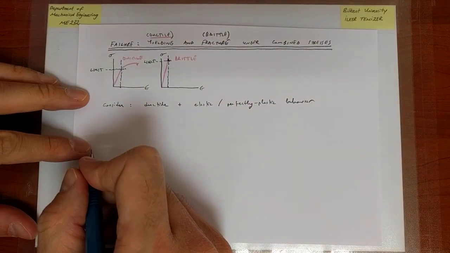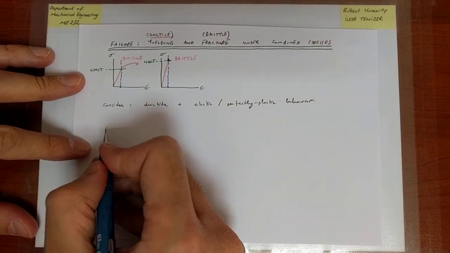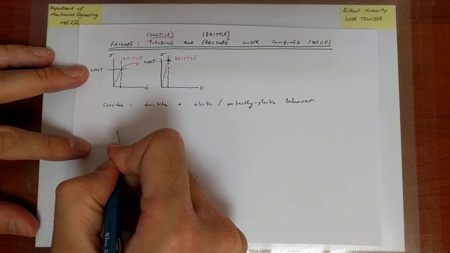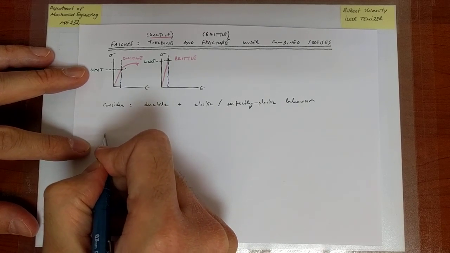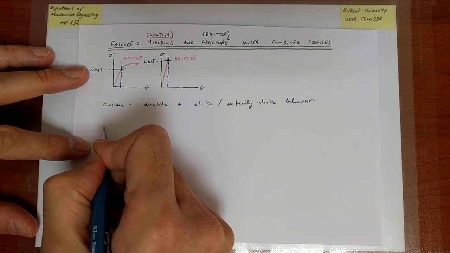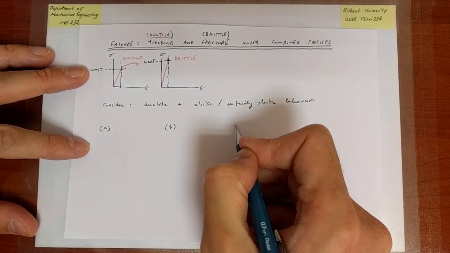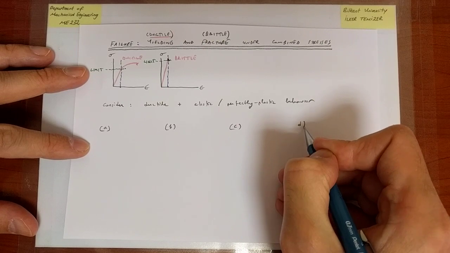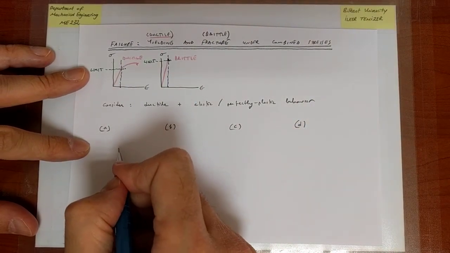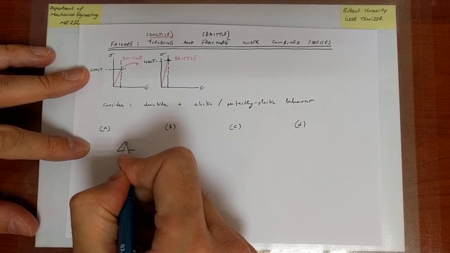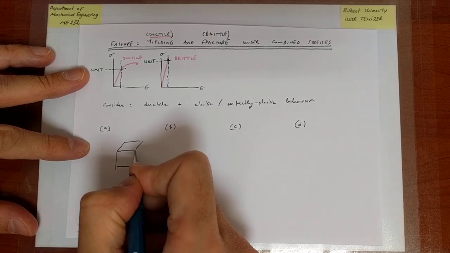Okay. What that means is the following. So I am going to take 4 instances of a block of such material. Okay, and let's draw these blocks first.